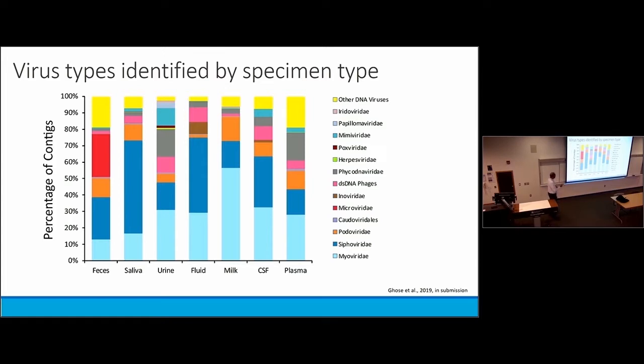So for example, one of the things we see about feces is this preponderance of microviruses, which are these single-stranded DNA phages. In saliva, we see a preponderance of these siphoviruses. We believe that that's why viruses are so persistent in saliva, because these tend to be lysogenic viruses.